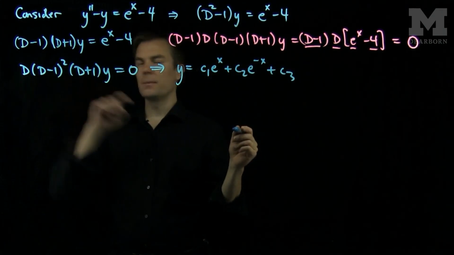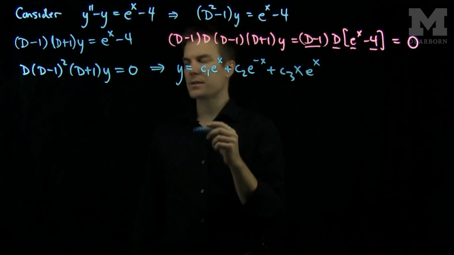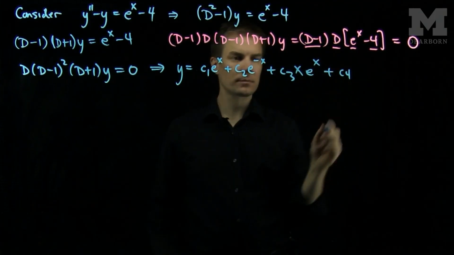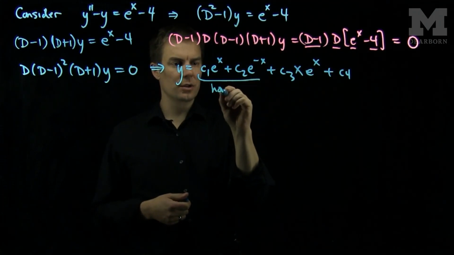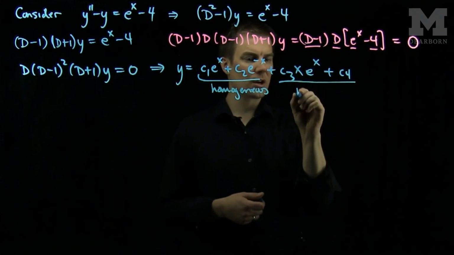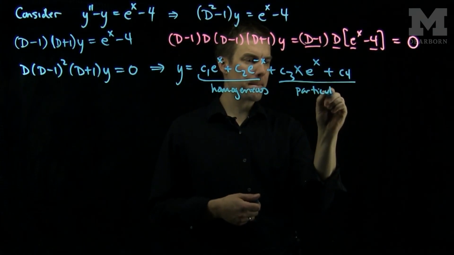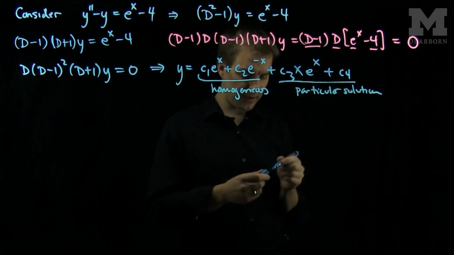Now I have 2 of the D minus 1, so I get a c3 x e to the x, and then a c4. These terms over here are the homogeneous solution, and these terms over here will comprise the particular solution once we know c3 and c4.